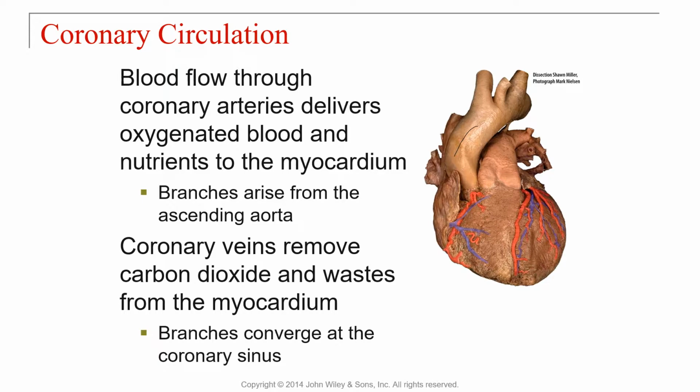The coronary veins are what remove carbon dioxide and wastes from the myocardium. And the branches converge at the coronary sinus, which is not visible on this image because it's on the posterior aspect of the heart. So remember, quick review over the difference between veins and arteries because it's particularly important to have a good understanding of those two terms when we're talking about the heart.